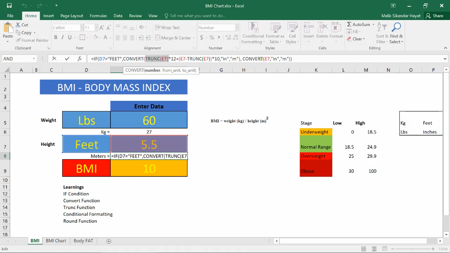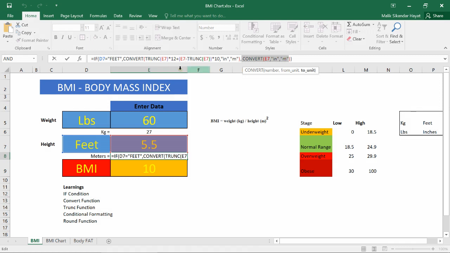Then what I am doing, here I'm using if D7, which is this unit, is feet, then use this convert function and this calculation. Otherwise, convert inches to meters, right?